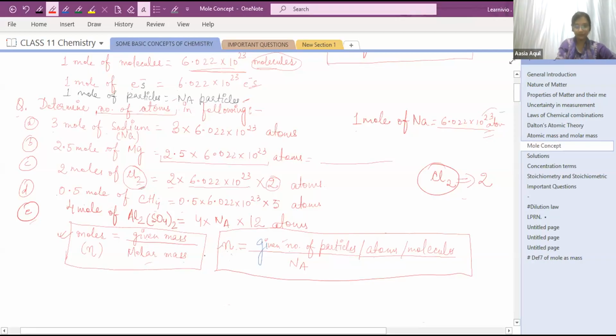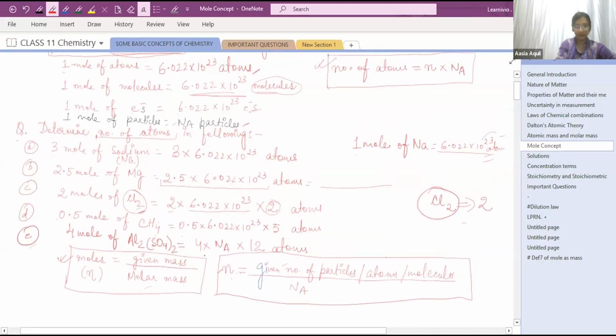See, this formula came from here. Number of atoms or number of particles equals the number of moles into Avogadro number, right? But if we know the number of atoms, we can calculate the number of moles. It is in multiplied form, so just take it to the other side of the equals sign, and it will be in divided form.